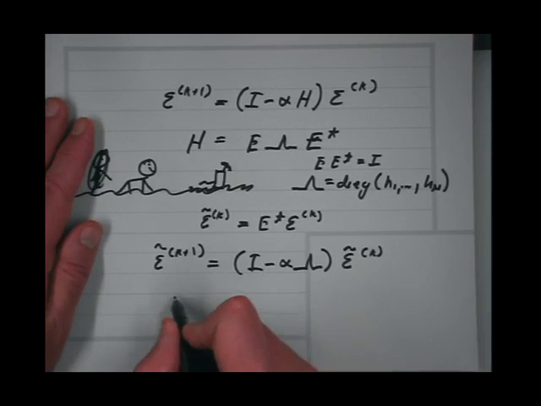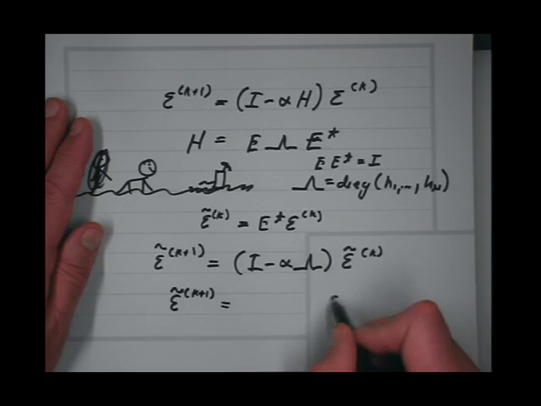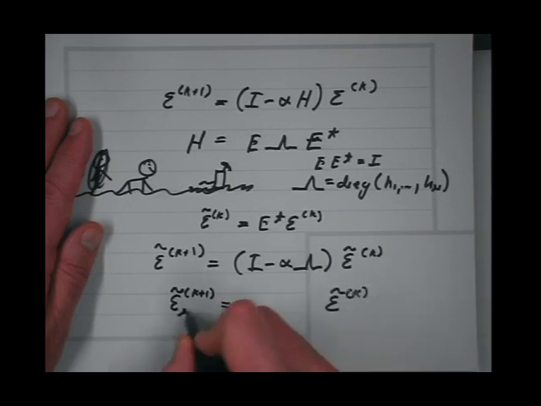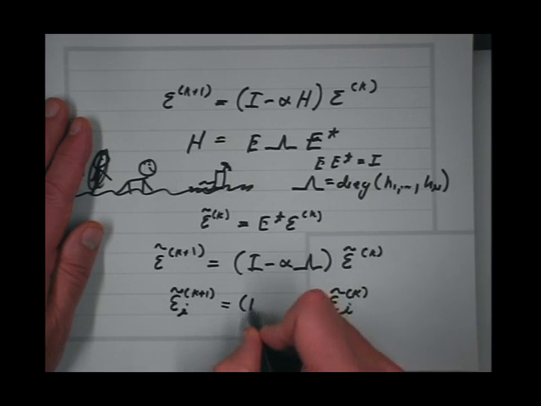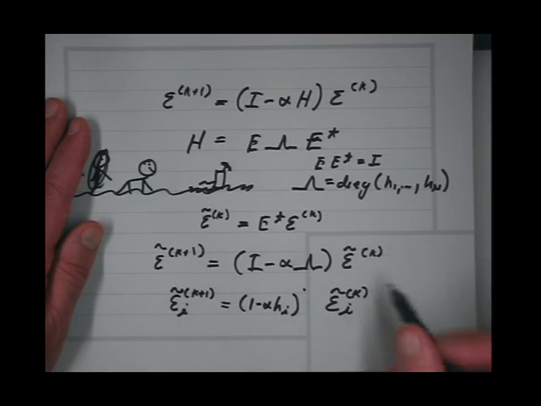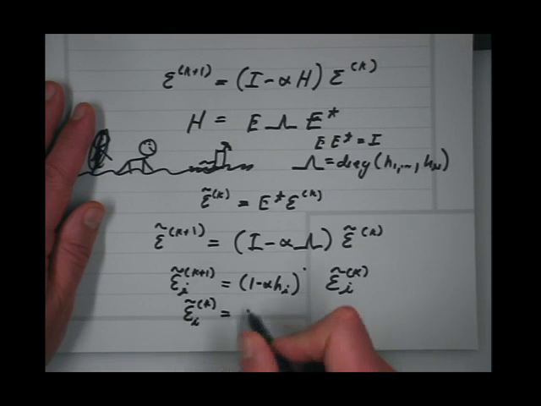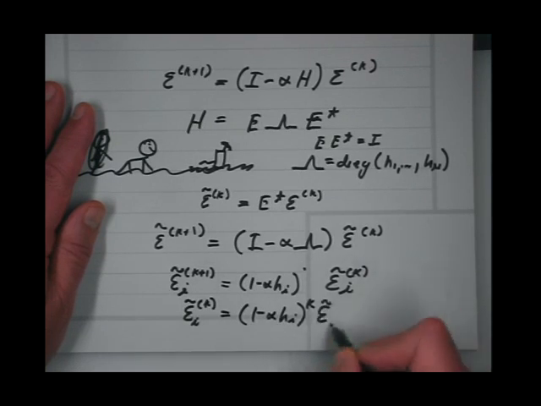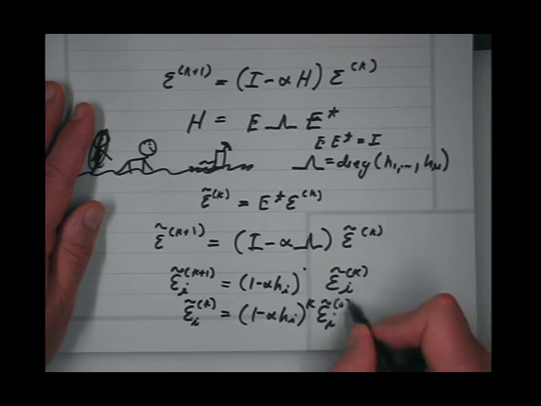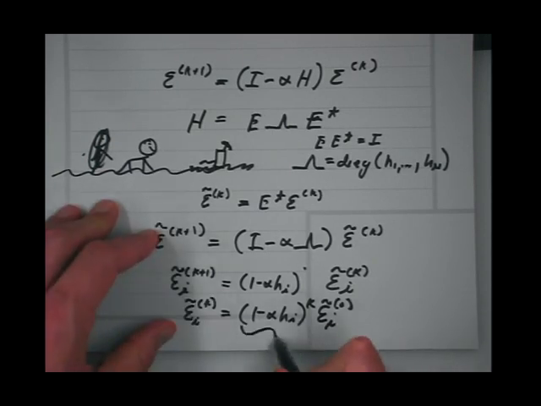Epsilon tilde of k plus 1, in the i-th dimension, is just 1 minus alpha h_i times epsilon tilde of k. So for any value of k, I just take 1 minus alpha h_i to the k and multiply it by epsilon tilde i at 0. Basically you get decay in time, and the rate of decay is equal to this factor.